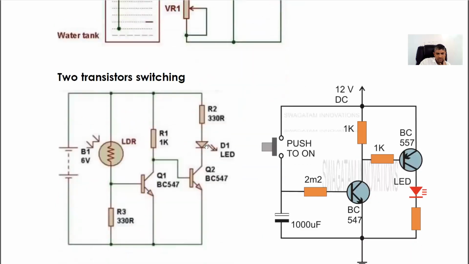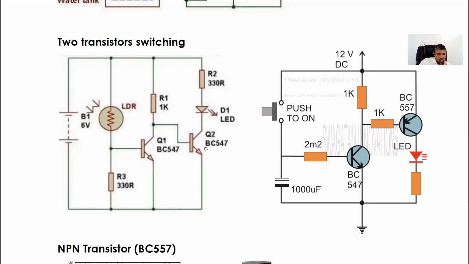Then we are moving to two transistor switching, called two-stage switches. Okay, so first what you have to do is simply construct the first circuit. You can easily construct this circuit.